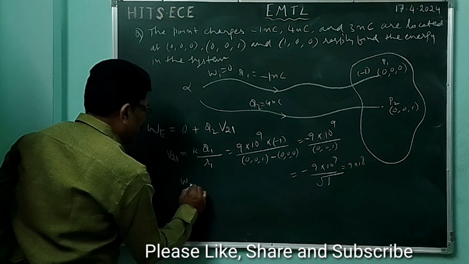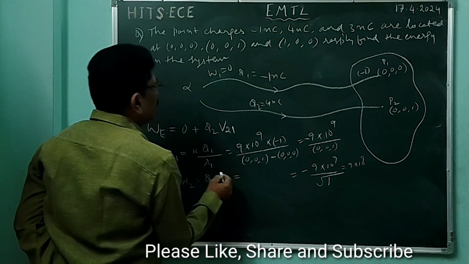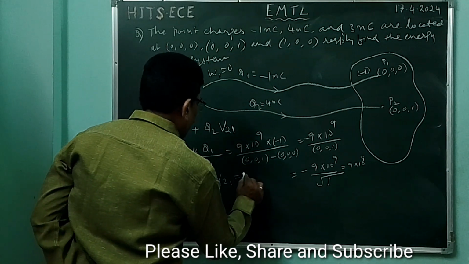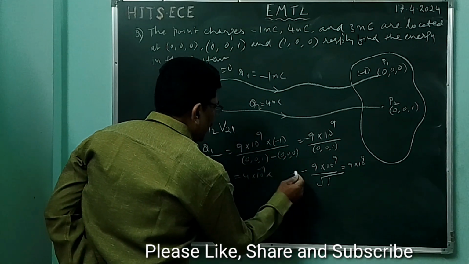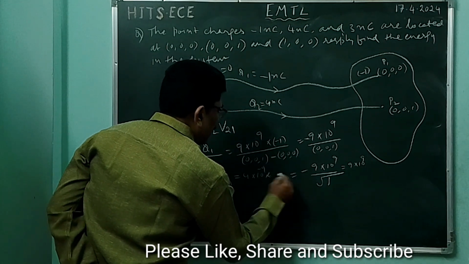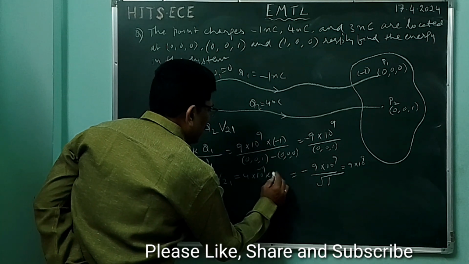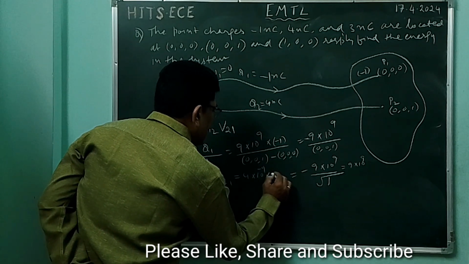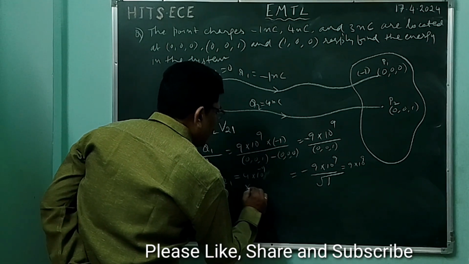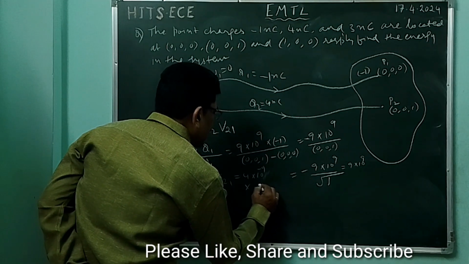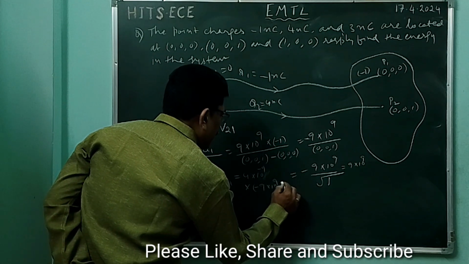So what is W2? W2 is equal to Q2 into V21, and what is Q2? 4 nanocoulombs, so 4 into 10 to the power of minus 9 into V21, which is minus 9 into 10 to the power of 9.